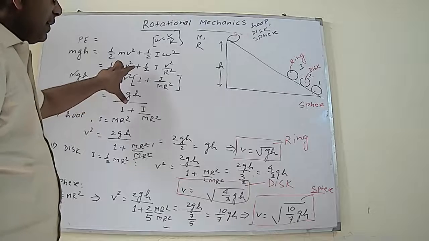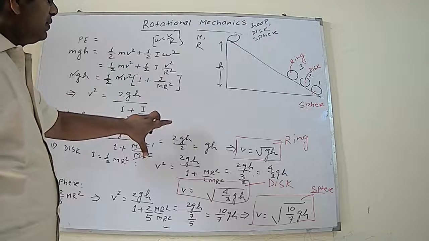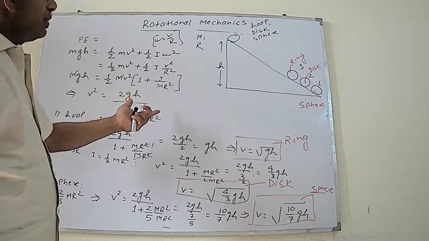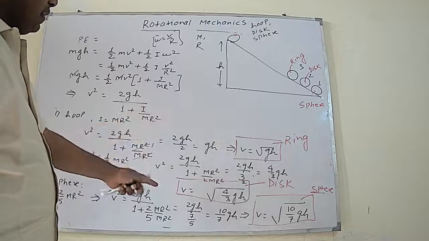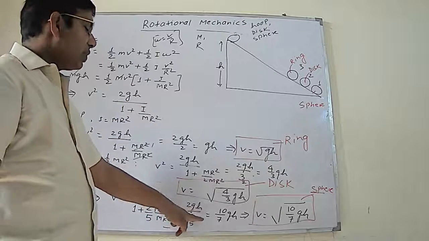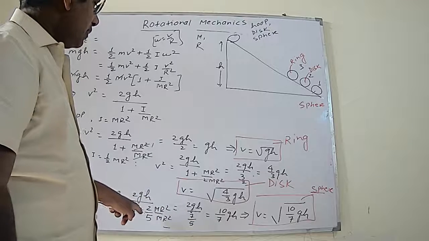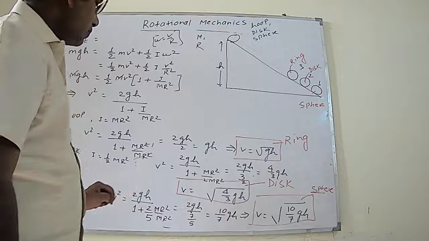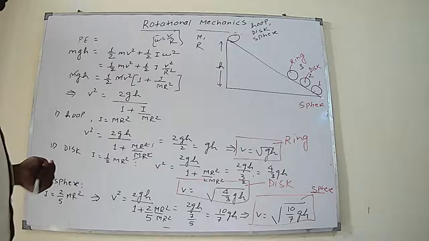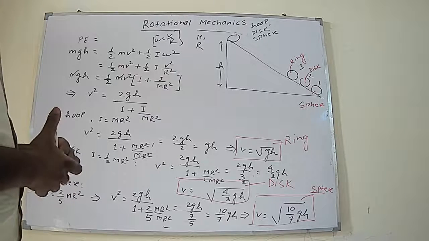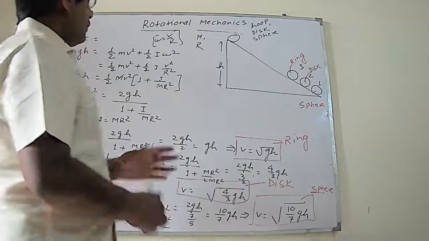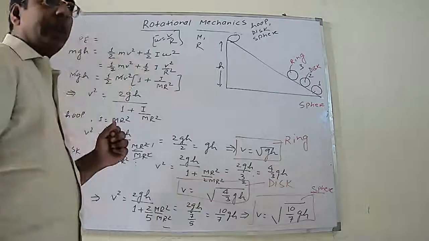So we can see how I changes the ratio of the kinetic energy. The rotational part of the kinetic energy is highest for the ring. In this way we can summarize the importance of moment of inertia. Okay, thank you.